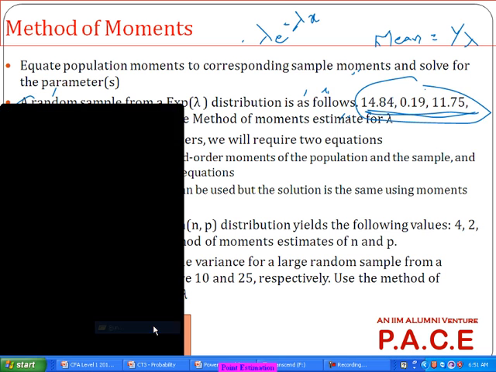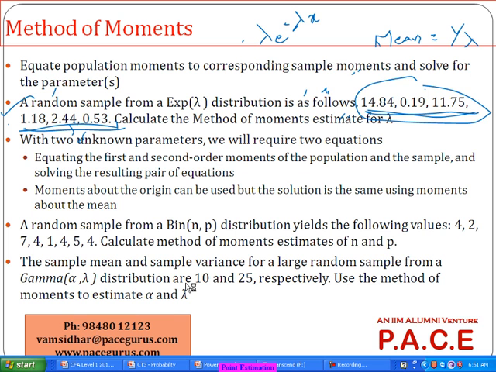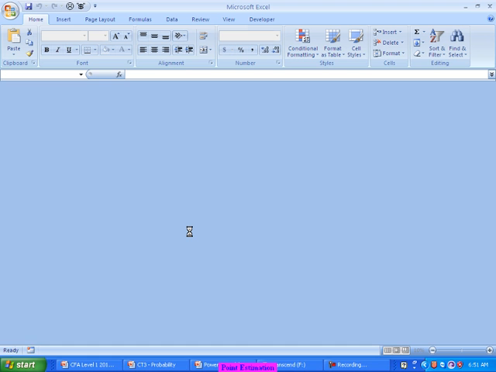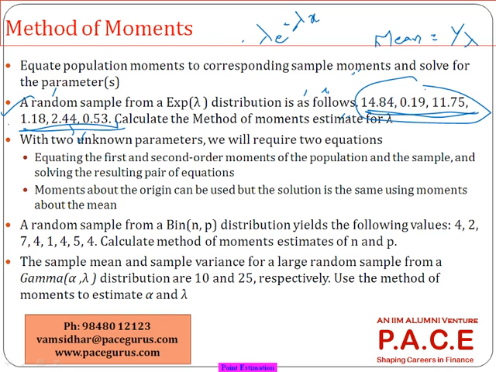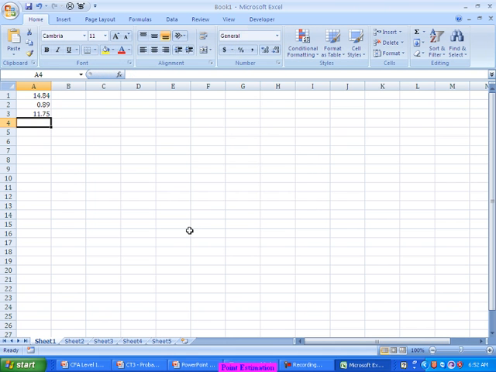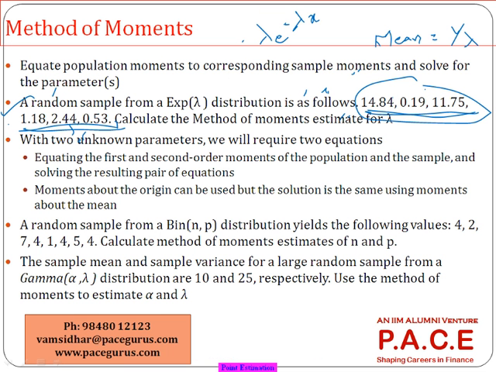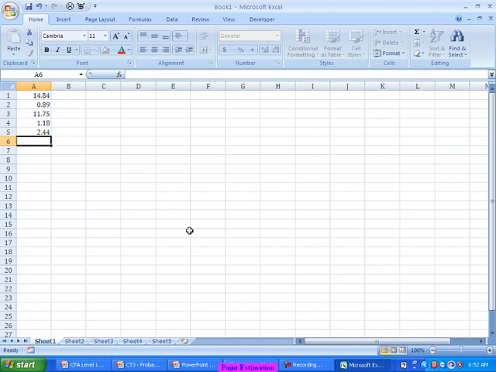Now the numbers are 14.84, 0.89, 11.75, 1.18, 2.44, 0.53 and 0.19. Let's say I have only this data.